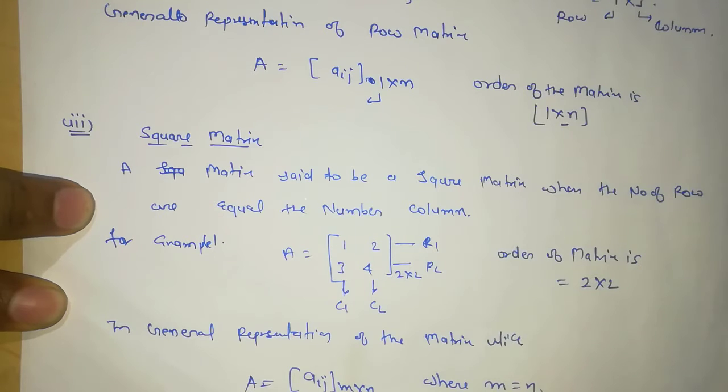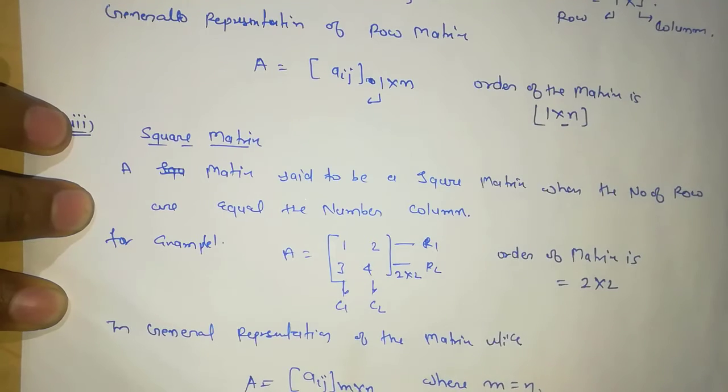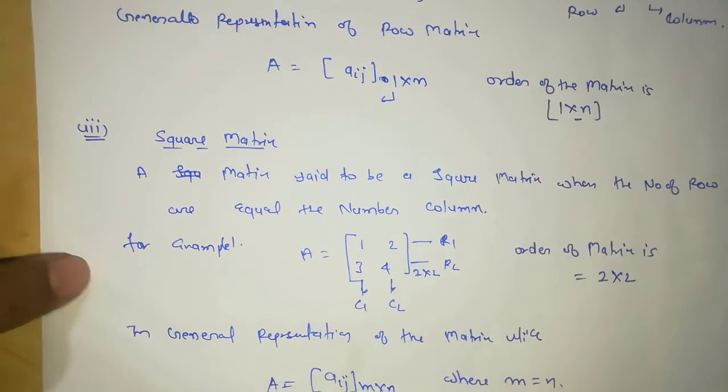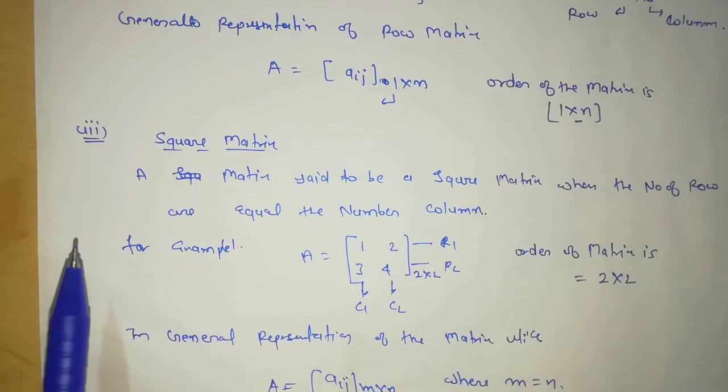Here the order of the matrix is m cross m, the same number of rows and the same number of columns.